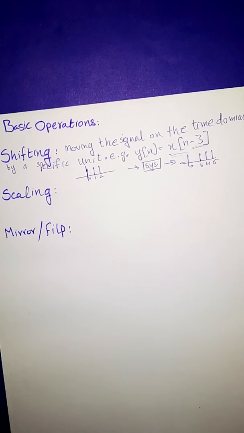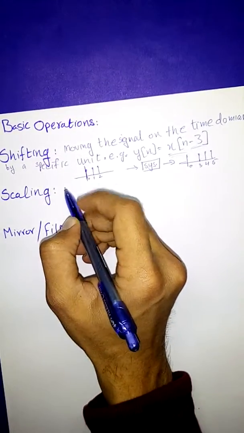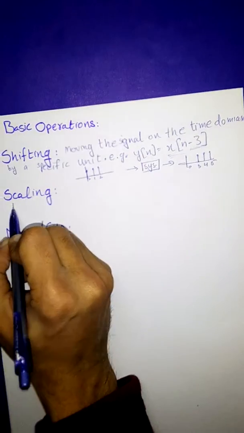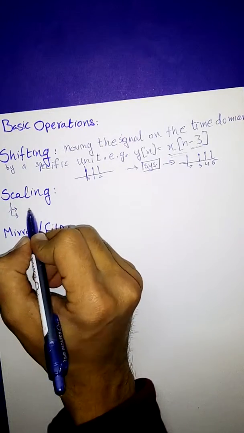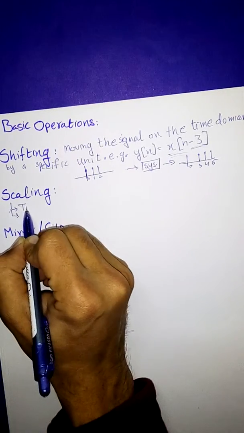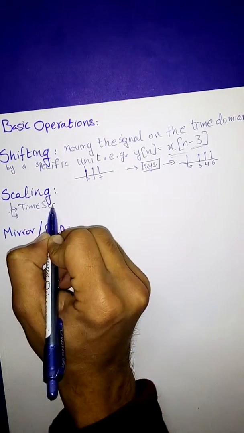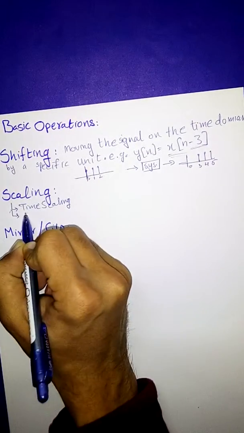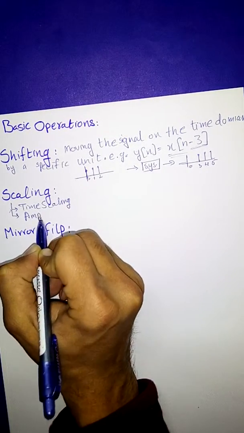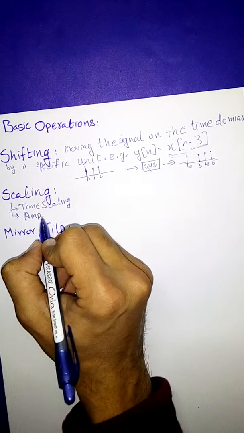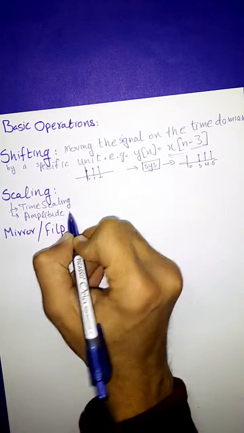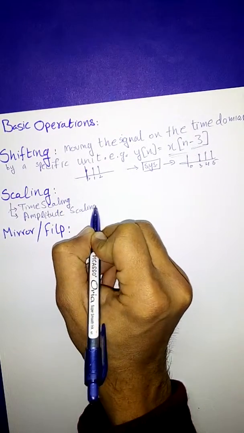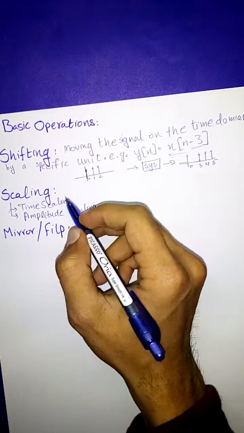Now scaling is basically of two types: time scaling and amplitude scaling, and both of these are quite different from each other. So what is the basic definition of scaling?